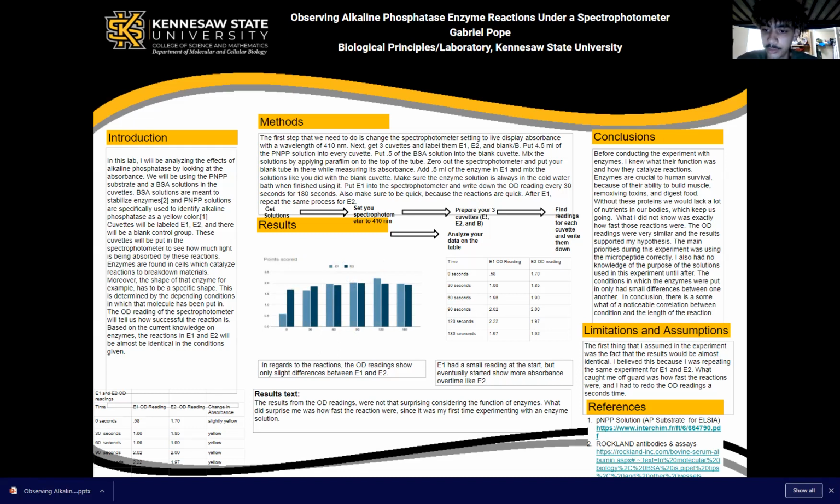And second, the limitation was, like I was referring to with the micropipette, that I had to redo my OD readings. But other than that, the experiment was pretty smooth.